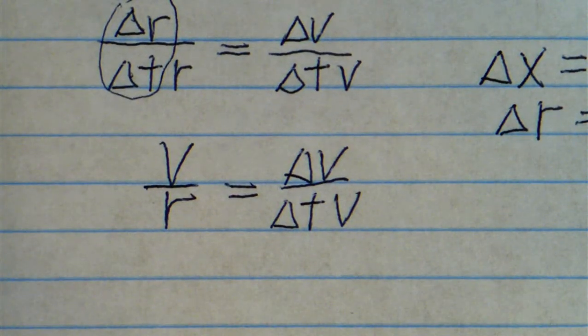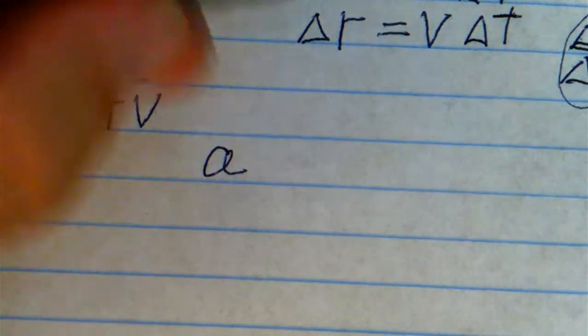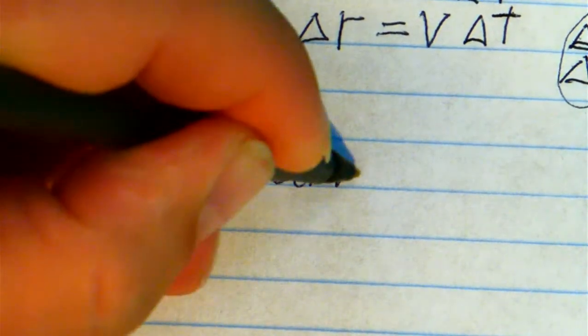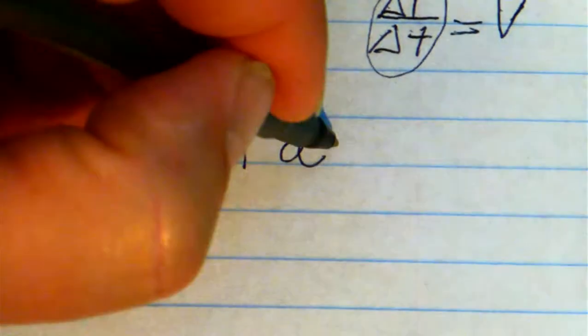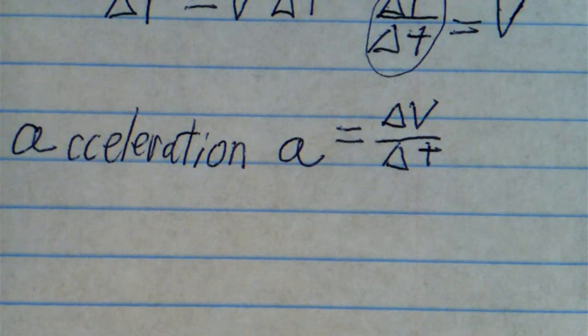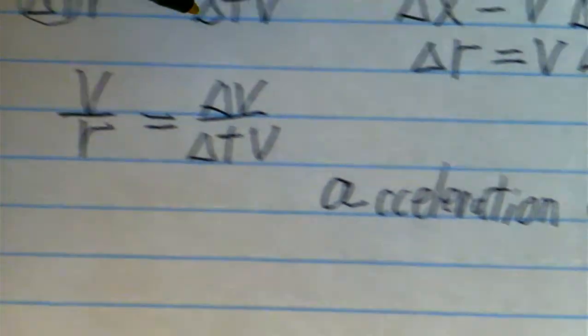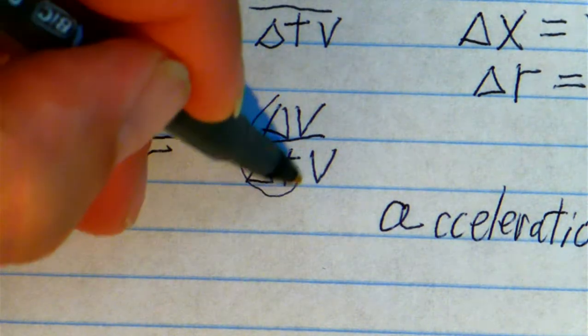Okay, I have one more trick. And that trick is the definition of acceleration. Acceleration, A, is defined as the change in velocity divided by the change in time. So what the heck? I'm going to substitute for this back over here because this is where it shows up.